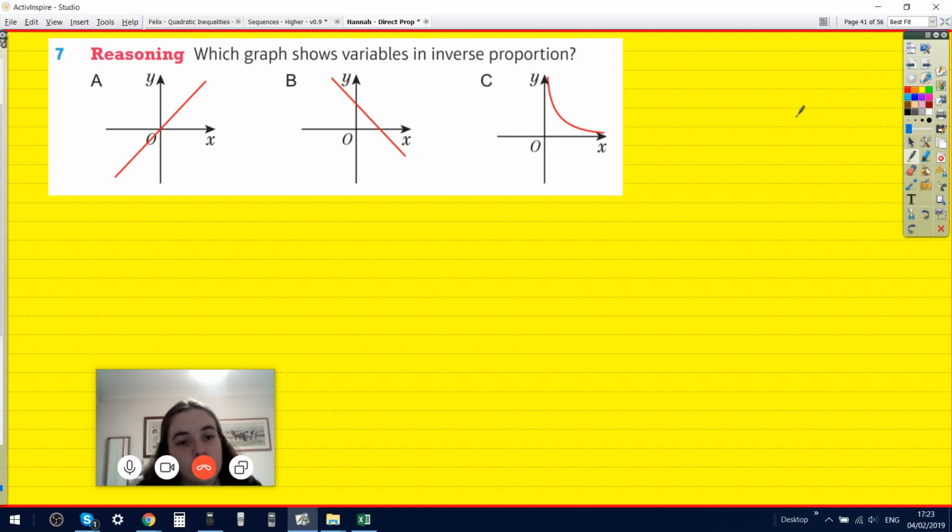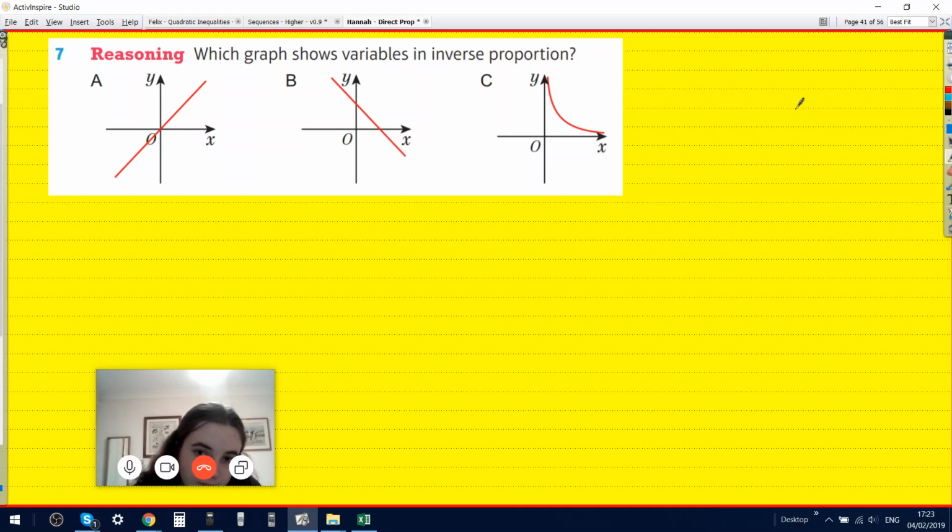Okay, which graph shows inverse proportion? B. No, because it... so you could think about what would be when you start dividing by a half, a quarter, a third.